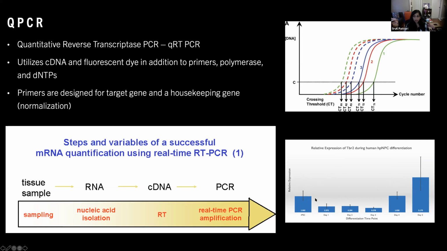Does that make sense? Yes, people are good. Okay. The control condition is through the housekeeping gene? No, the control condition is going to be, so for my example here, I have my stem cells versus the ones that have been treated with the differentiation media for 5 days.